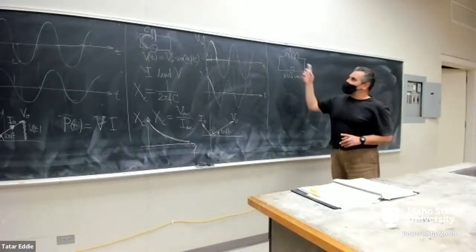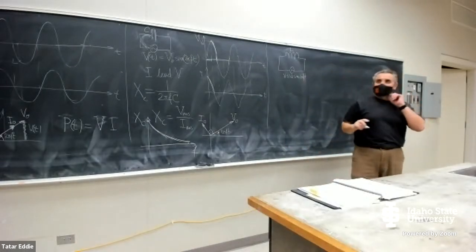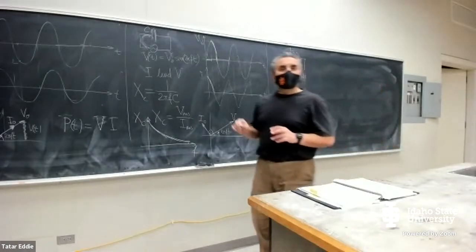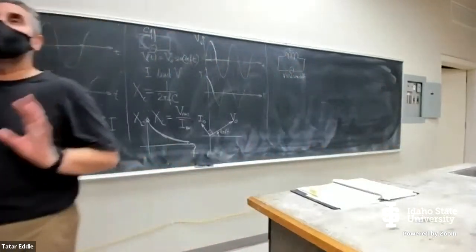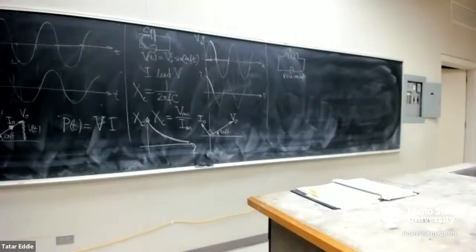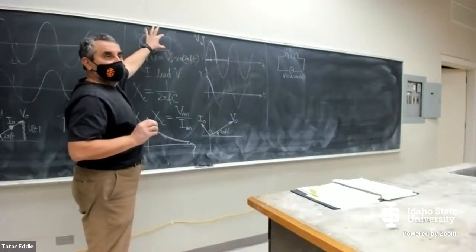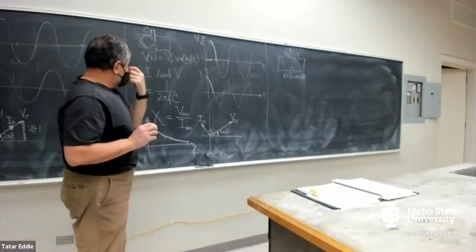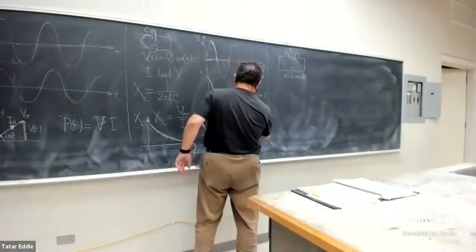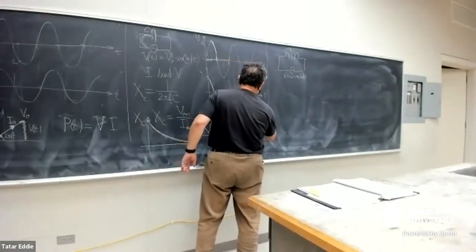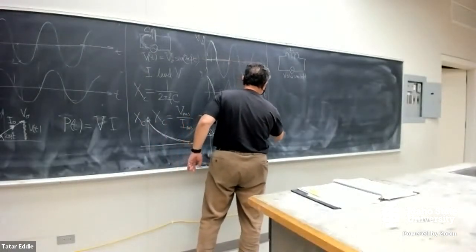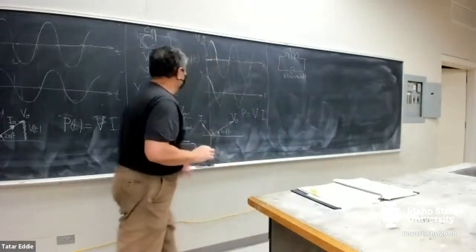Oh, by the way, before I go to the inductance, let's try to figure out how much power is consumed by the capacitor, a single capacitor. Look, the power consumed at any moment is again the product of the voltage at that moment times the current at that moment.